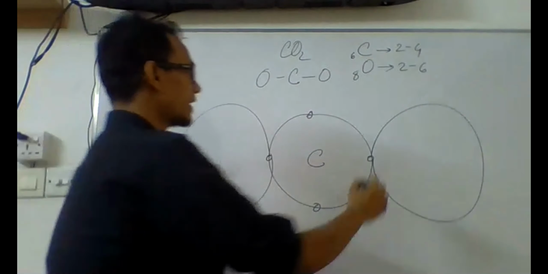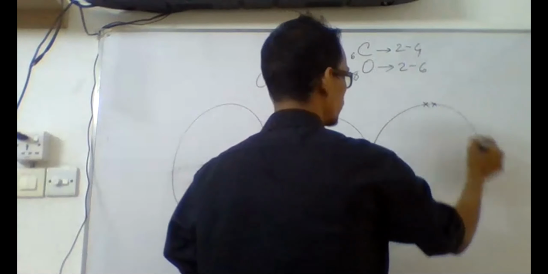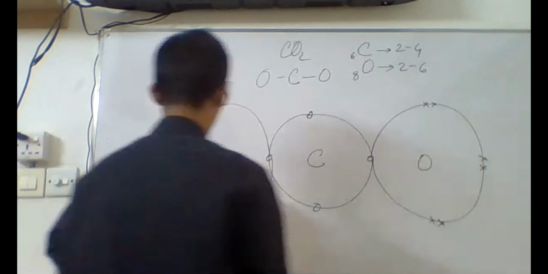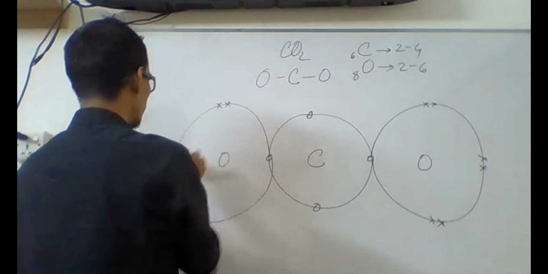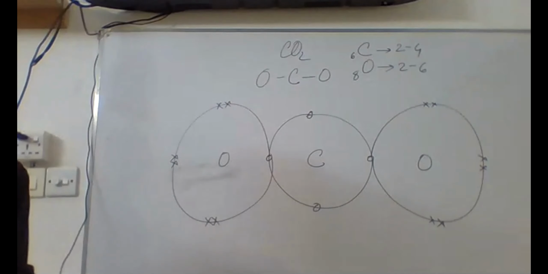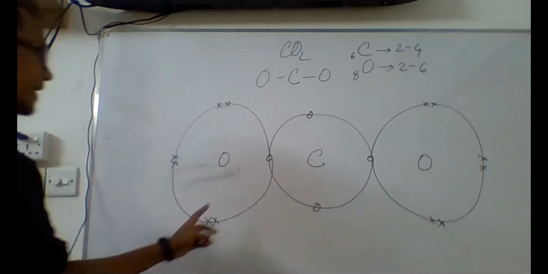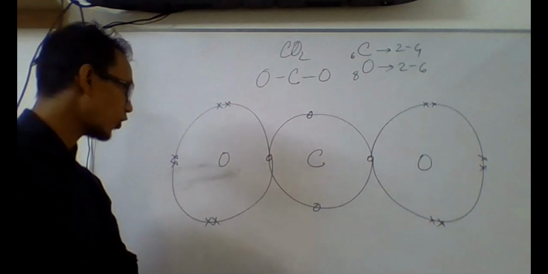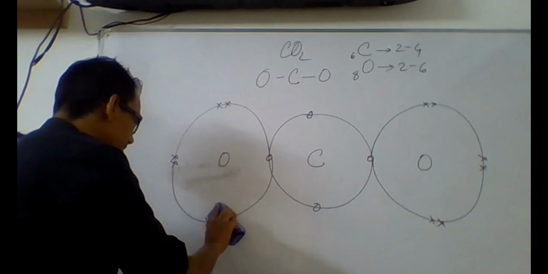Oxygen has 1, 2, 3, 4, 5, 6 electrons. See, carbon has already shared 1 electron with oxygen, so oxygen needs to share another electron.